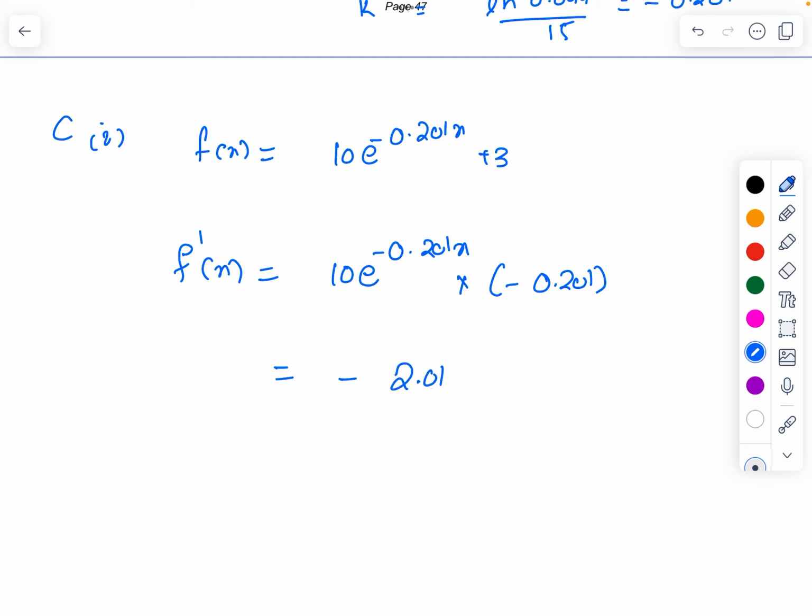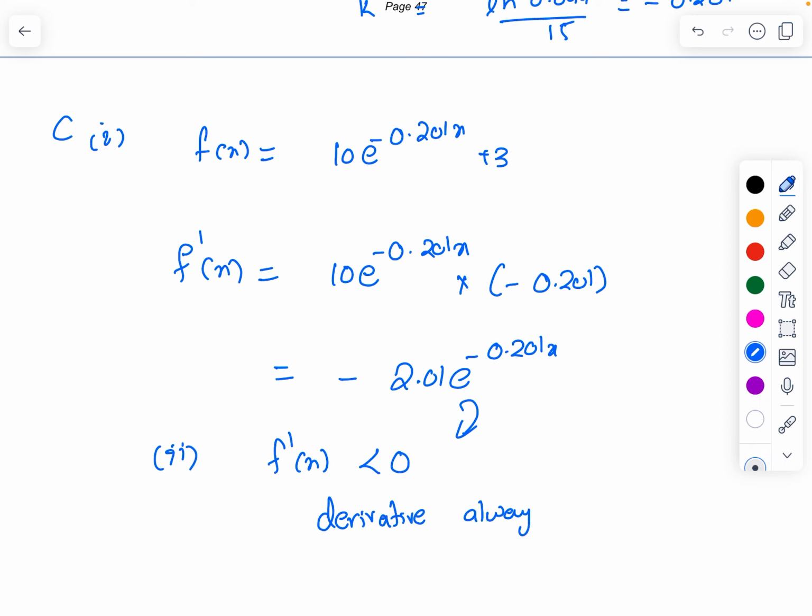Minus 2.01 e to the power of minus 0.201x. Now why is it always a decreasing function? Because f prime x is always negative. f prime x is less than 0 because the derivative is always negative because of that negative symbol.